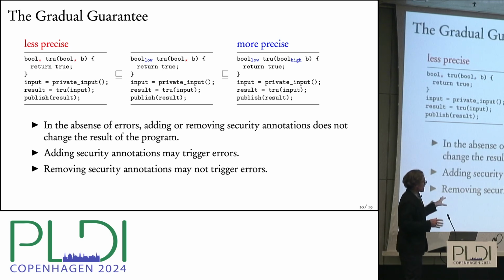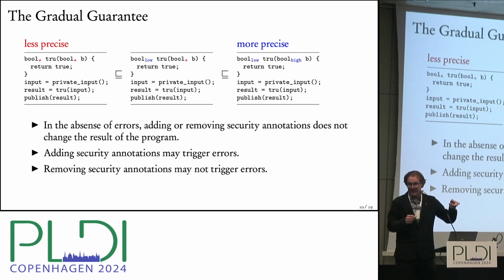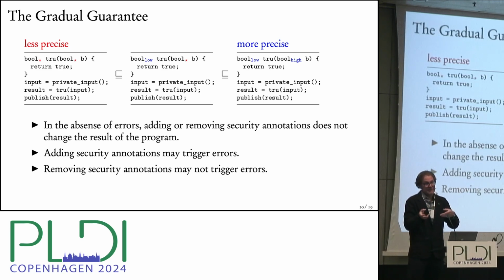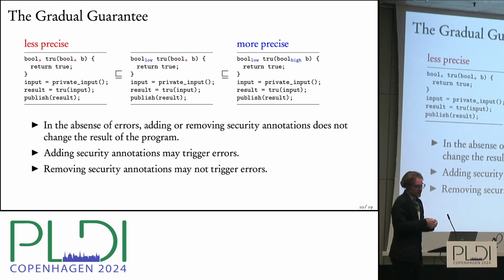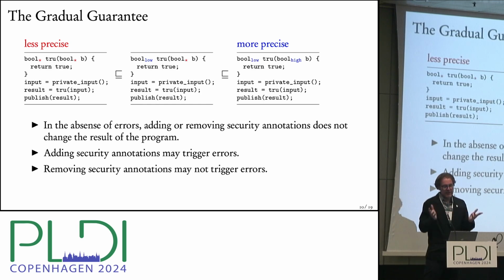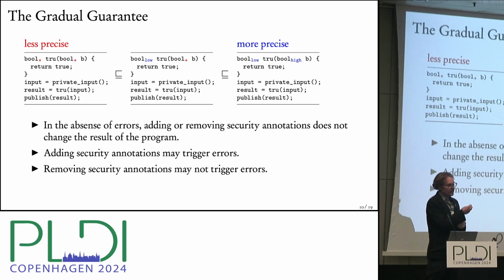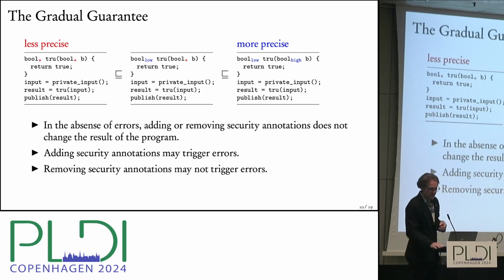Now, if you start thinking about errors, if you're adding security annotations, it might be that you add the wrong annotation, and that could trigger either a compile time error or a runtime error. So that can happen. If you're removing security annotations, going from high to star or from low to star, that should not change the behavior at all. And this is the gradual guarantee. We use it as a litmus test for lots of different gradual languages out there.